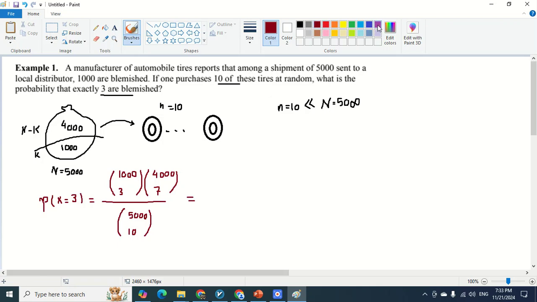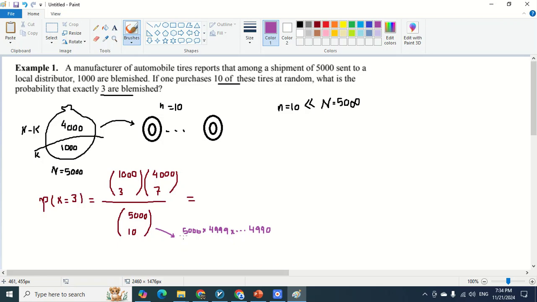For example, only this part is 5000 times 4999, and it goes up to 4991, actually, because we have 10 cases over here.